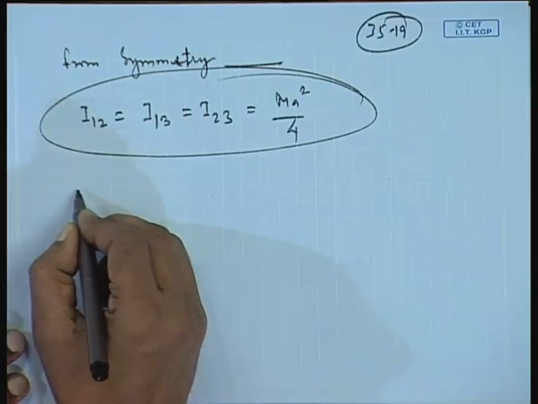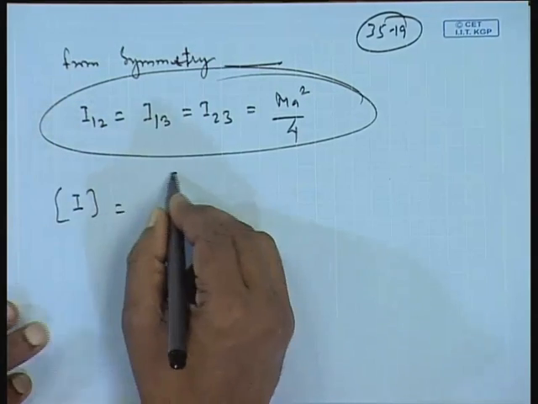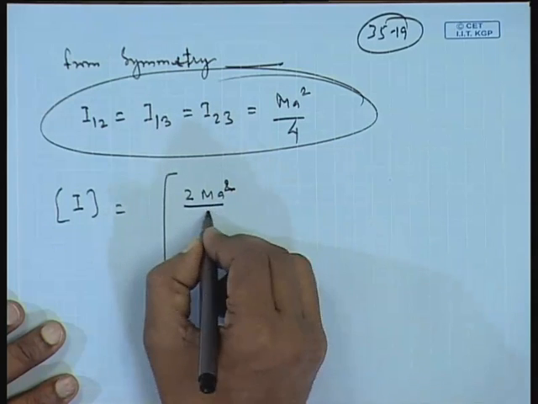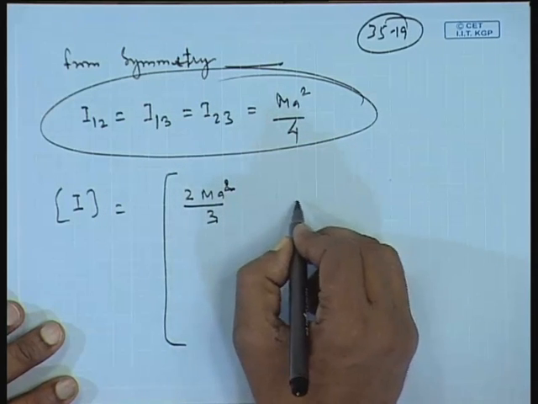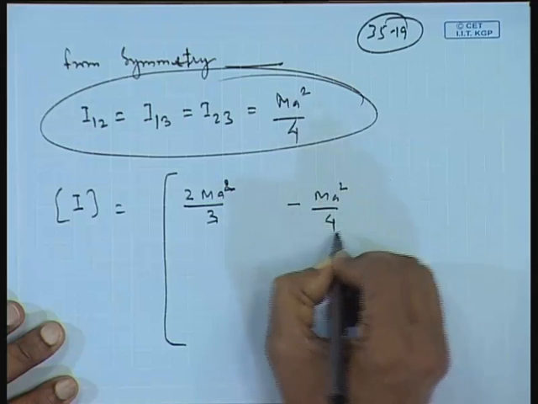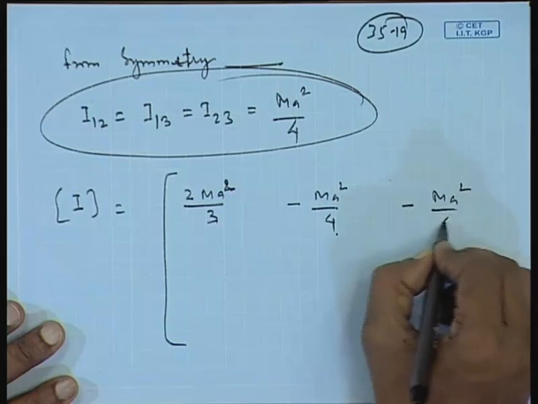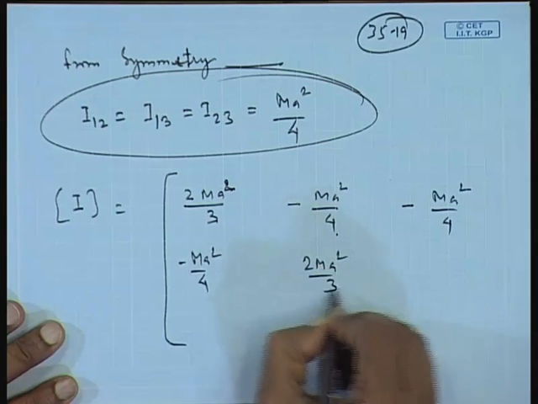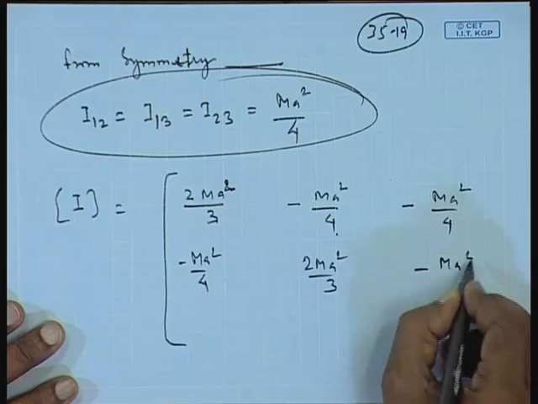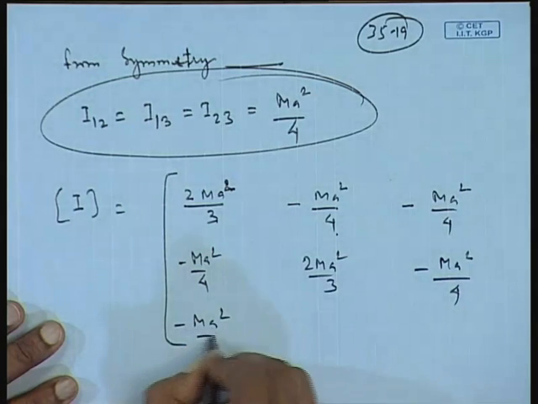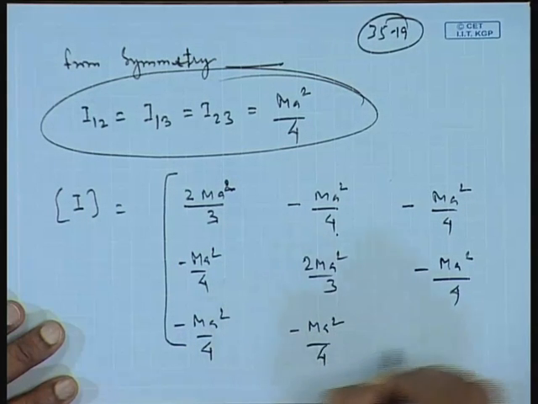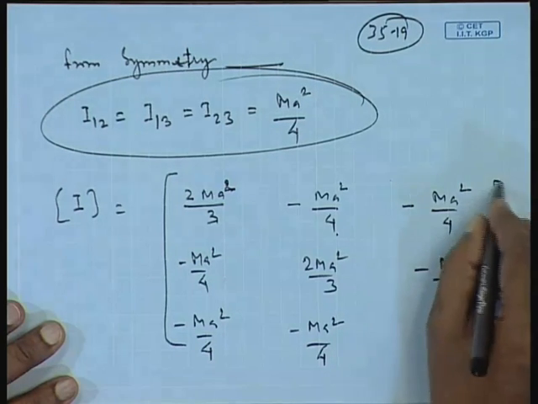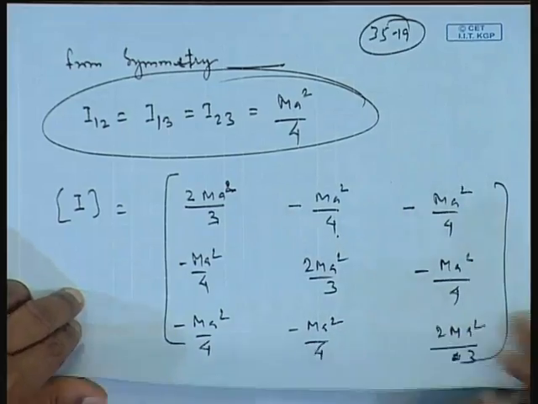Okay, so your inertia matrix is basically 2 m a square divided by 3. So, this is your inertia matrix.